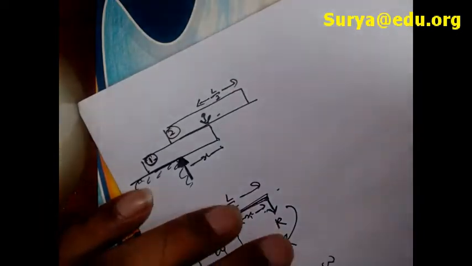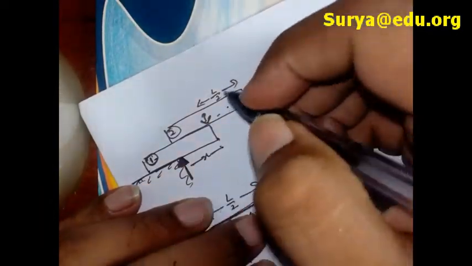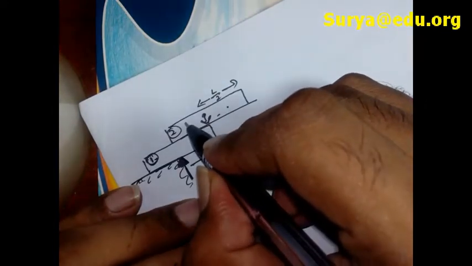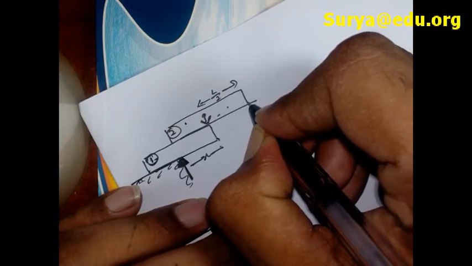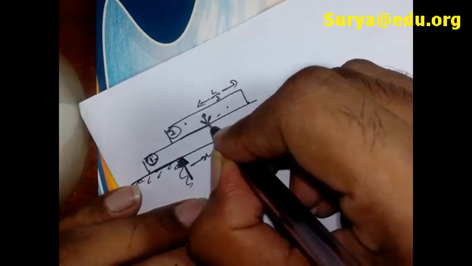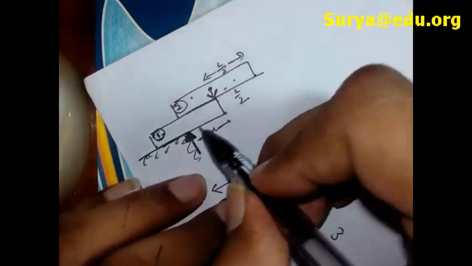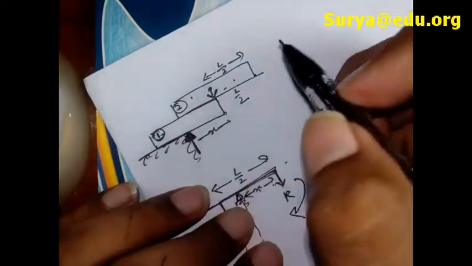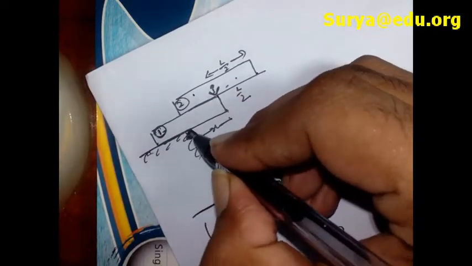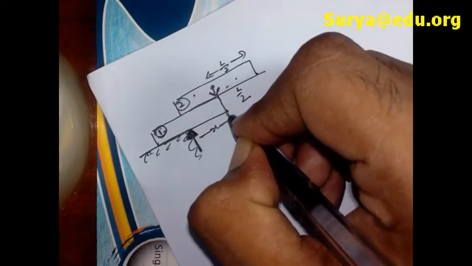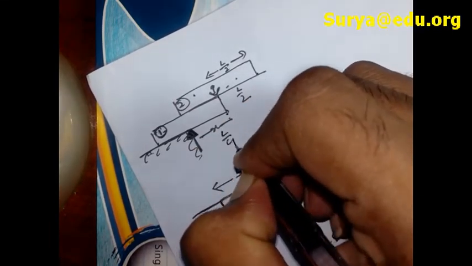So now it's very clear: the distance for block number 2 measured from the extreme edge to the pivoting point is L by 2, and for block number 1, in order to have the balanced position, the distance measured from the extreme right end to the pivoting point is x, so that is L by 4.